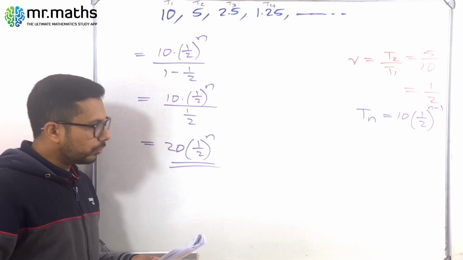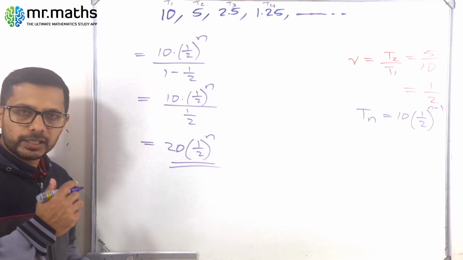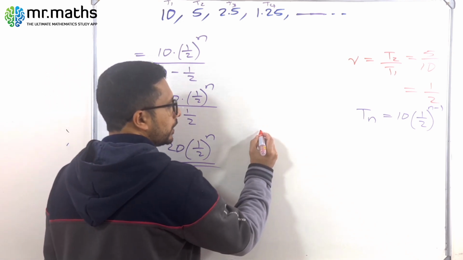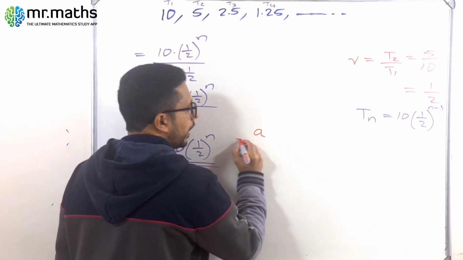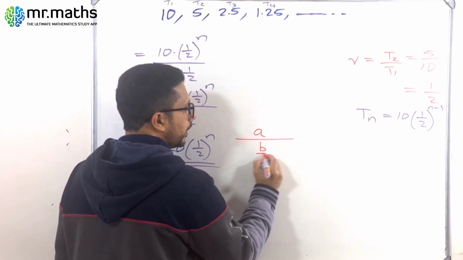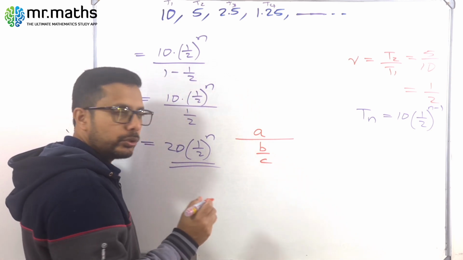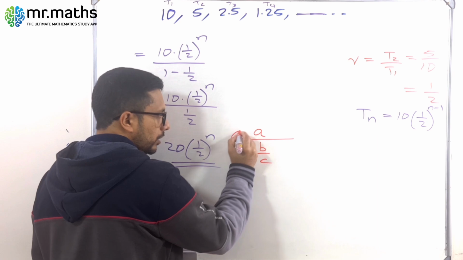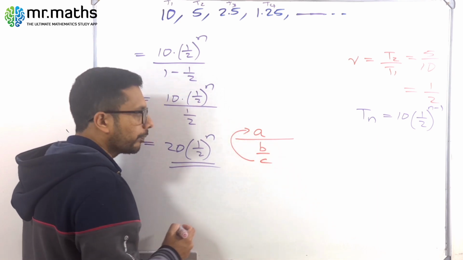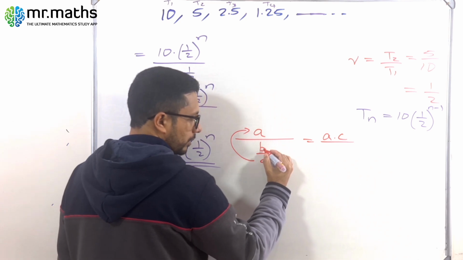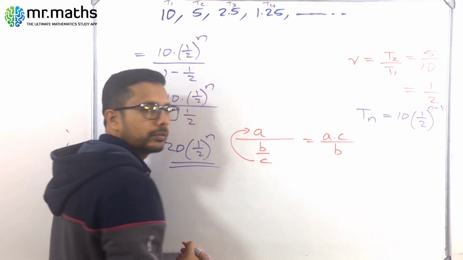Now, the one that I explained before, let me explain once more. Try to understand like this. If there is something like a divided by b by c, the easy method is you just multiply these two numbers, so it is a times c divided by this denominator b.